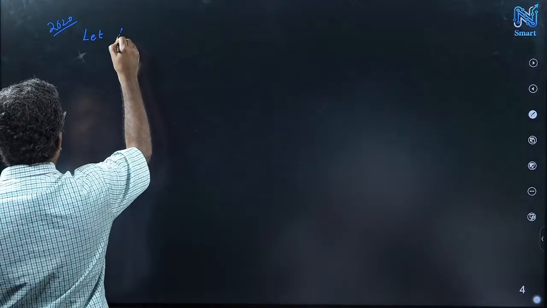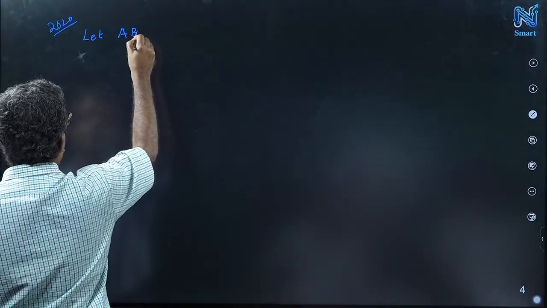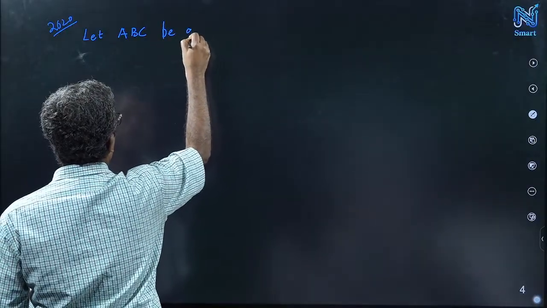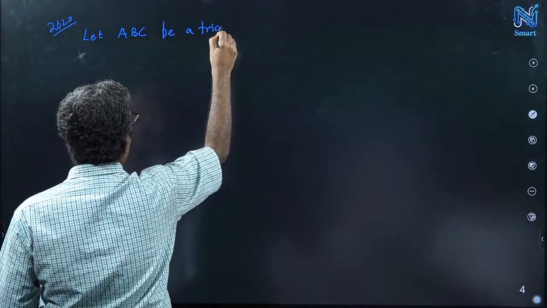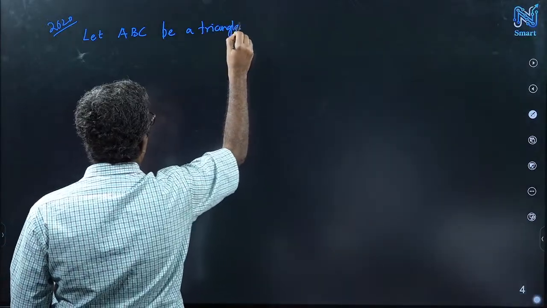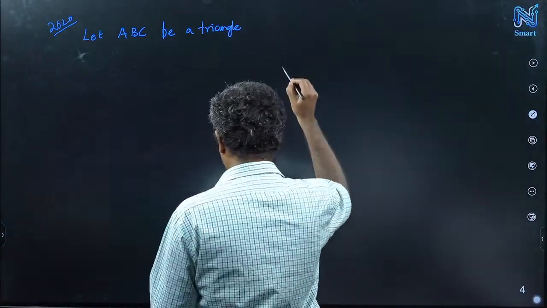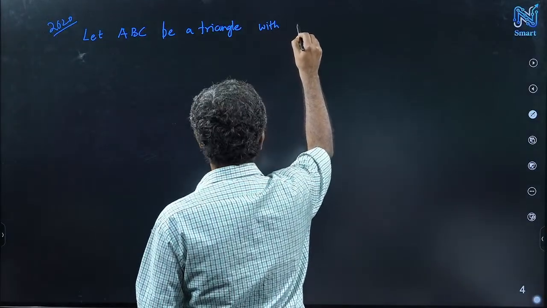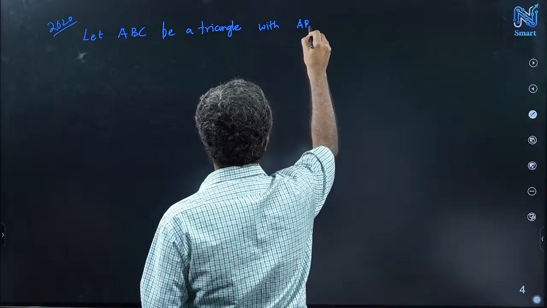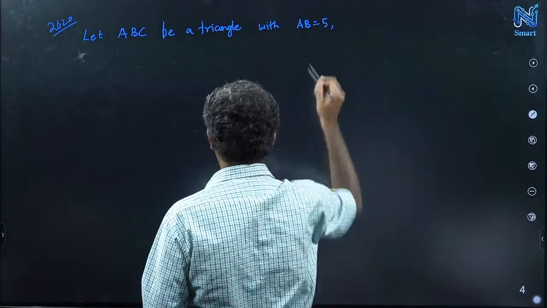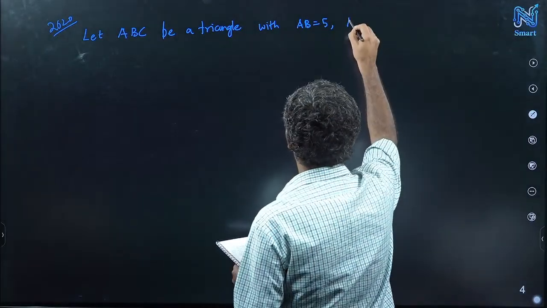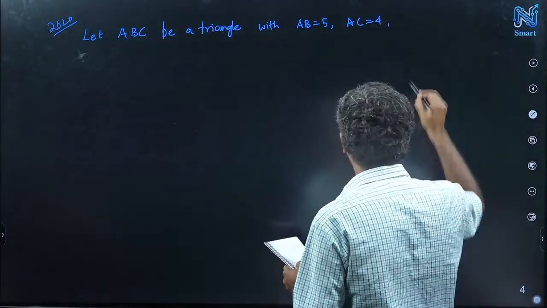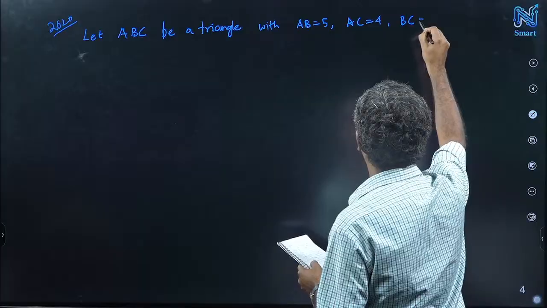Let ABC be a triangle with AB equal to 5, AC equal to 4 and BC equal to 6.